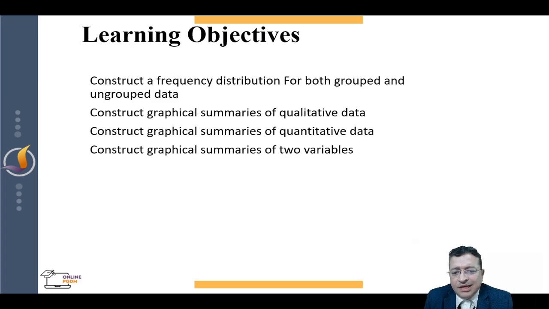Then we will see how to summarize data graphically when it is qualitative data, and similarly how to summarize the data when it is quantitative. Finally, we would like to see, if there are two different variables, how to summarize that graphically and what meaning we can infer from there.